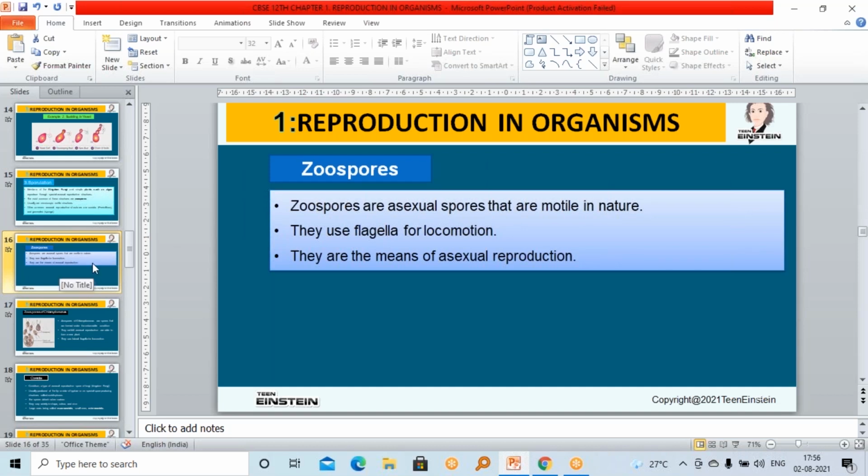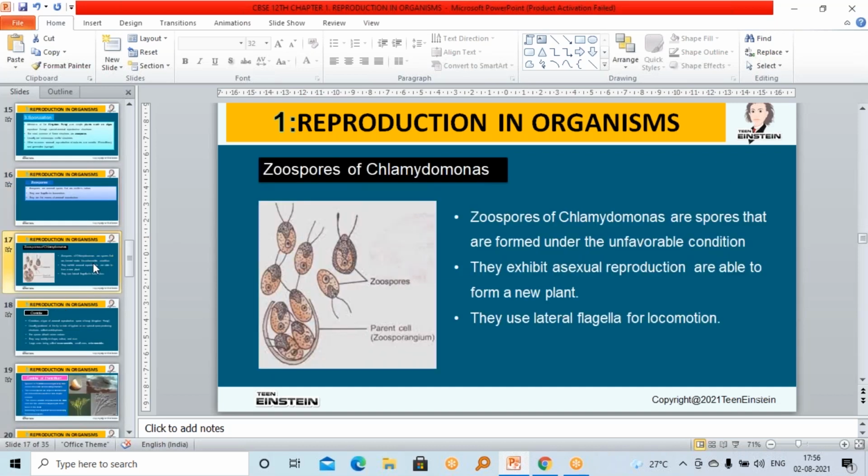What are zoospores? They are asexual spores which are motile in nature. They can move, and they use flagella for locomotion. They are the means of asexual reproduction.